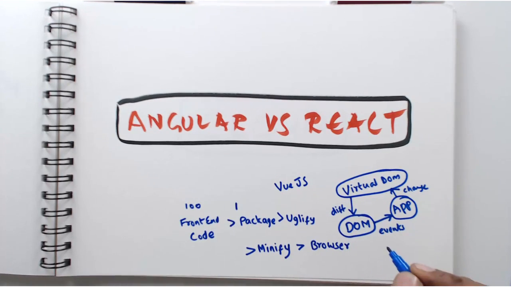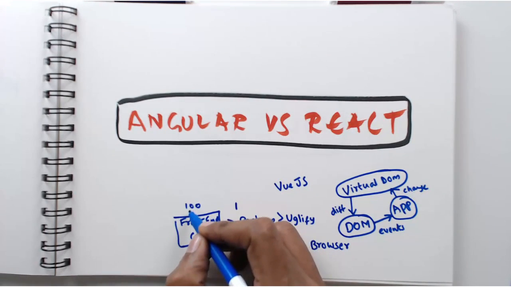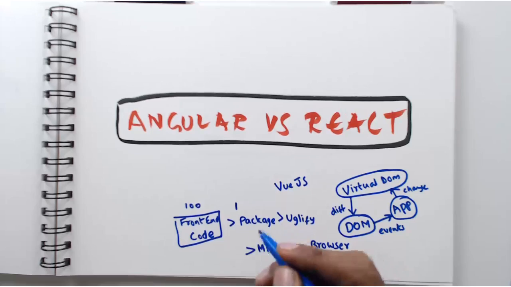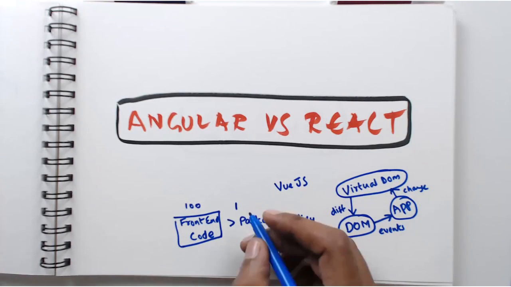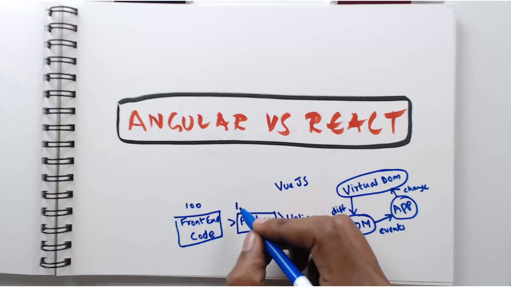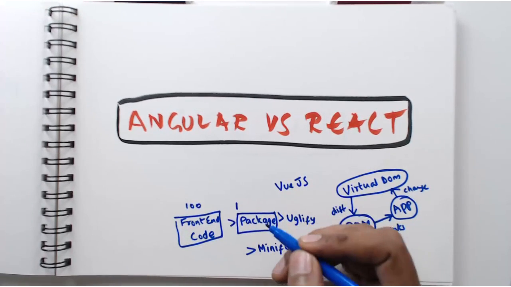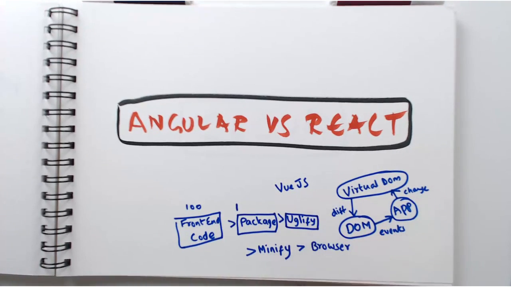Why are all these important? Because your front-end code might have 100 different JavaScript files. You don't want to send each file individually to the browser. It will be very, very, very slow. That's why you package it, so you reduce the number of JavaScript files to 1, 2, or 3. The next thing is you don't want others to see your code.